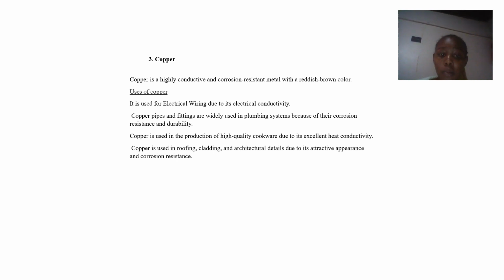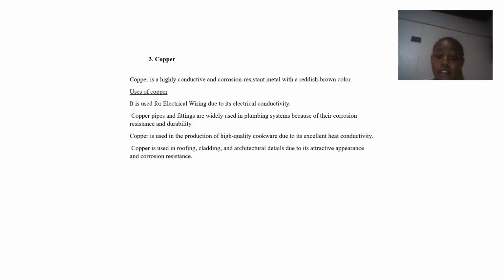We look at copper. Copper is a highly conductive and corrosion resistant metal with a reddish brown color. So meaning that copper conducts electricity and it's corrosion resistant, meaning that it can't rust easily. Then we look at the uses of copper. It is used for electrical wiring due to its electrical conductivity.